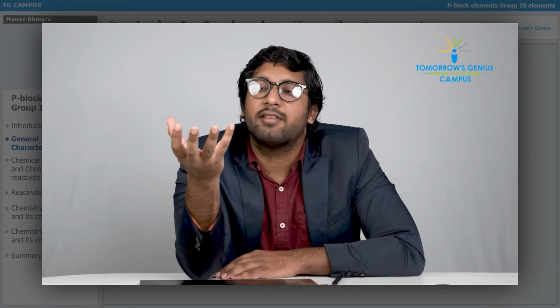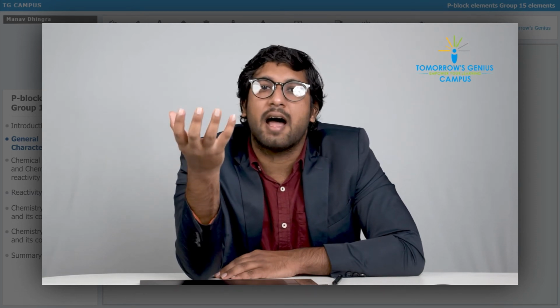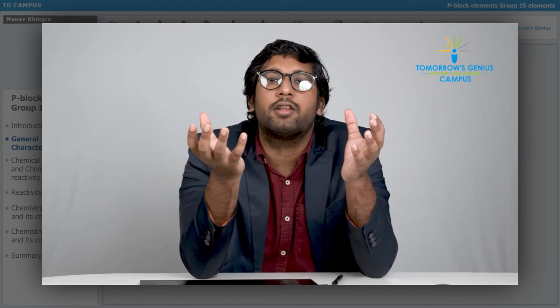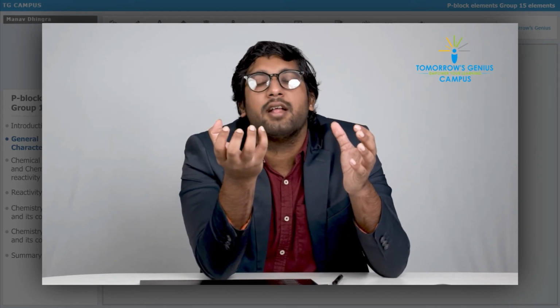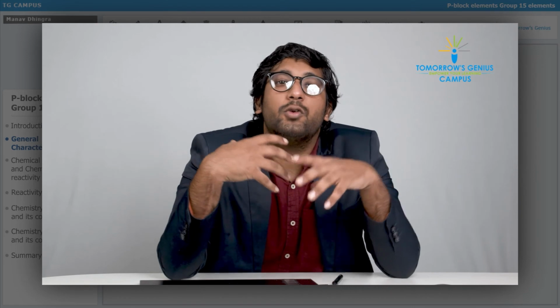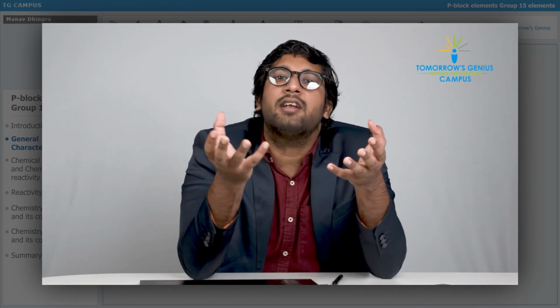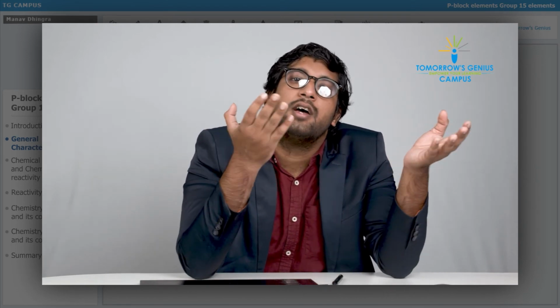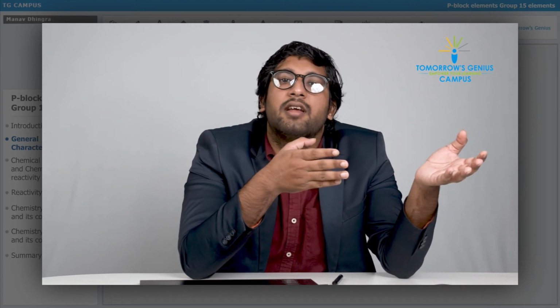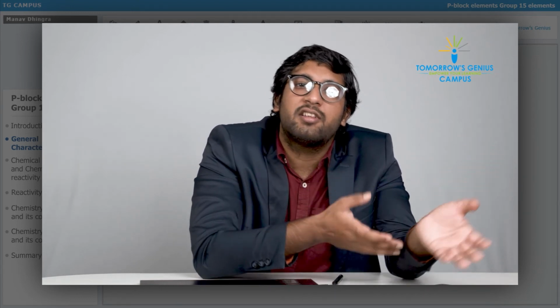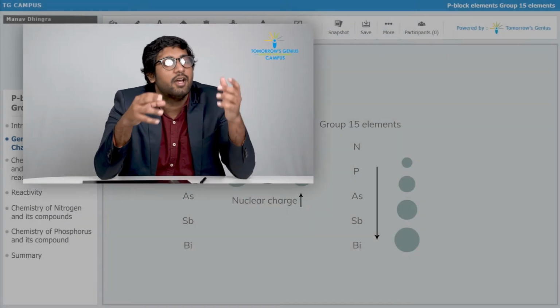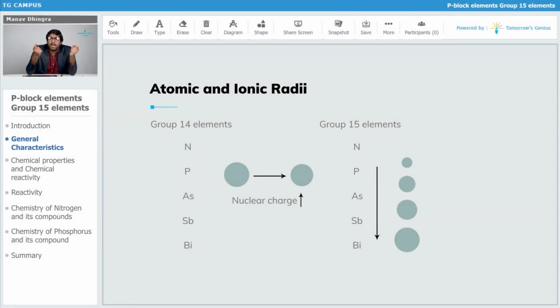That is why the size shrinks from what we were expecting. In case of gallium, the effective nuclear charge is so high that the size of the period number 4 element is less than that of the period number 3 element. Highly exceptional case.